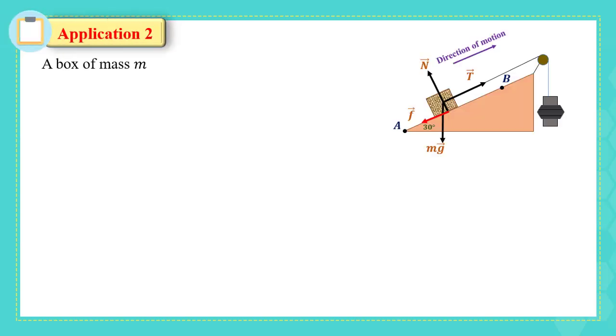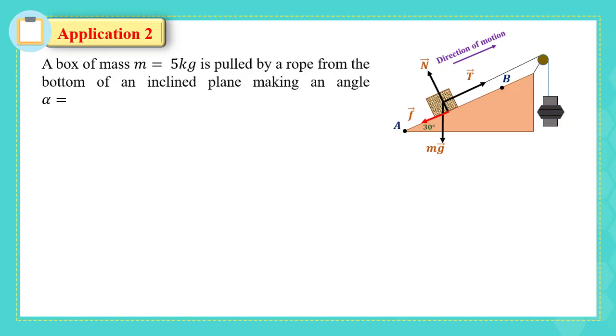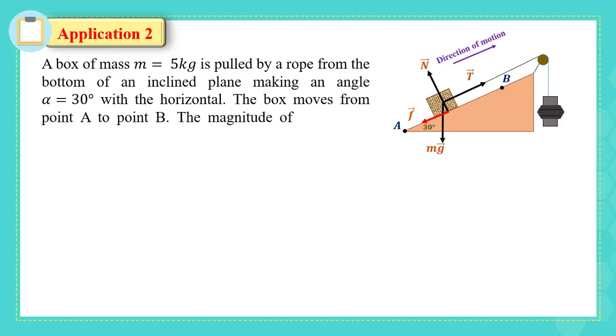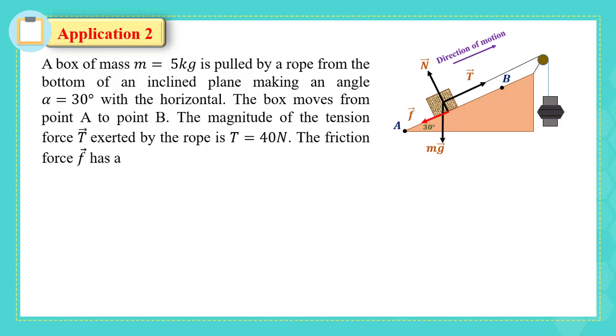Let's solve this application. A box of mass m equals 5 kilograms is pulled by a rope from the bottom of an inclined plane, making an angle alpha equals 30 degrees with the horizontal. The box moves from point A to point B. The magnitude of the tension force exerted by the rope is 40 newtons, and the friction force has a constant magnitude of 10 newtons.